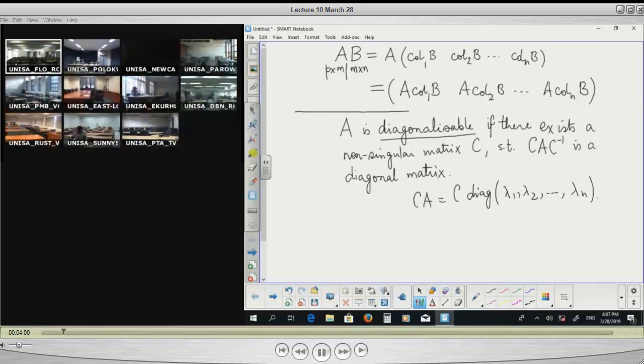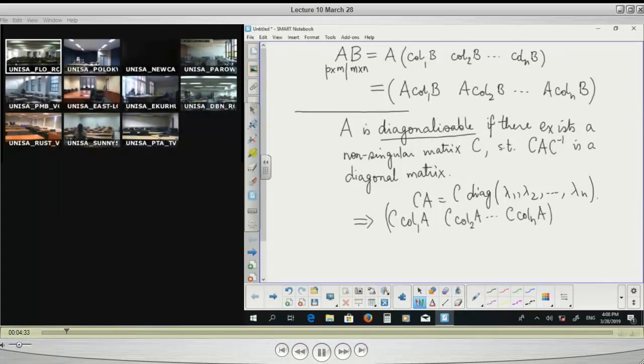So observe, this tells me C times the first column of A, C times the second column of A, C times the nth column of A.